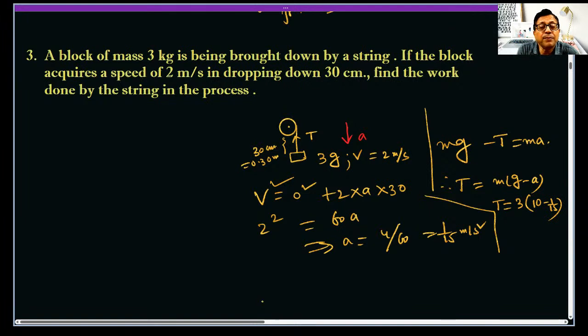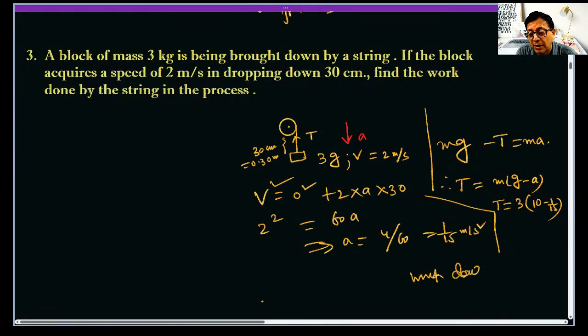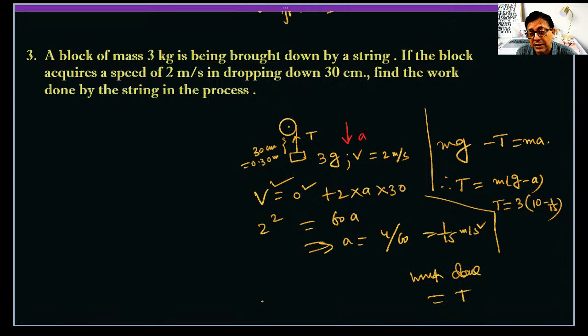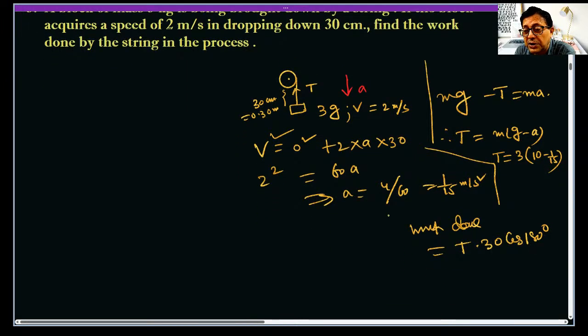But tension is acting upward, and the object is going downward. So work done will be what? Dot product, T into force into distance, that is 30 cos 180 degrees, as they are acting in opposite sense. So T you got, this is 3 into 30, 1 by 15 and minus 1.